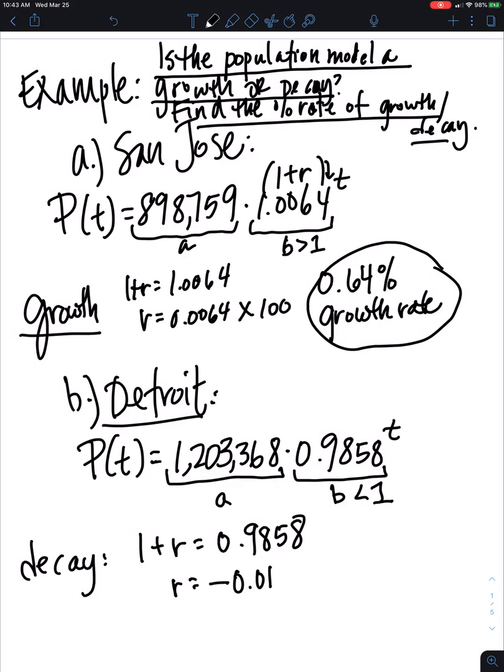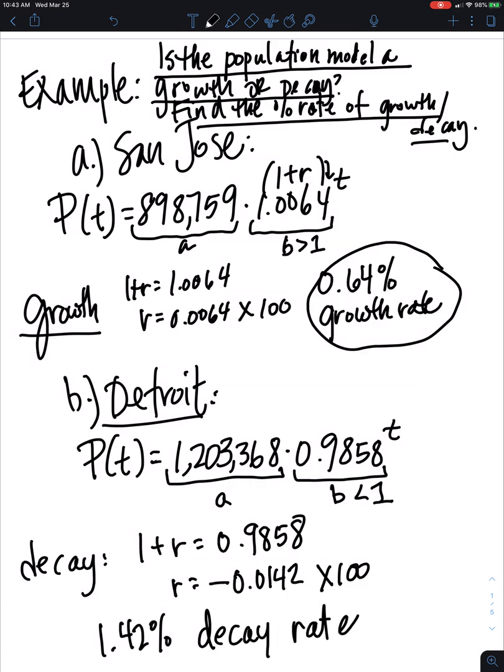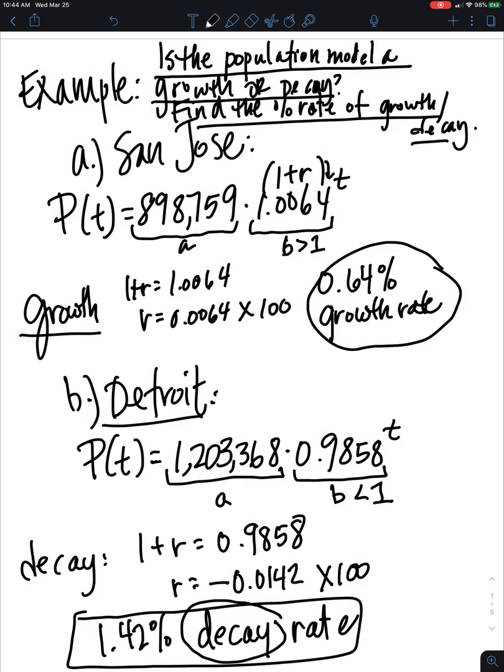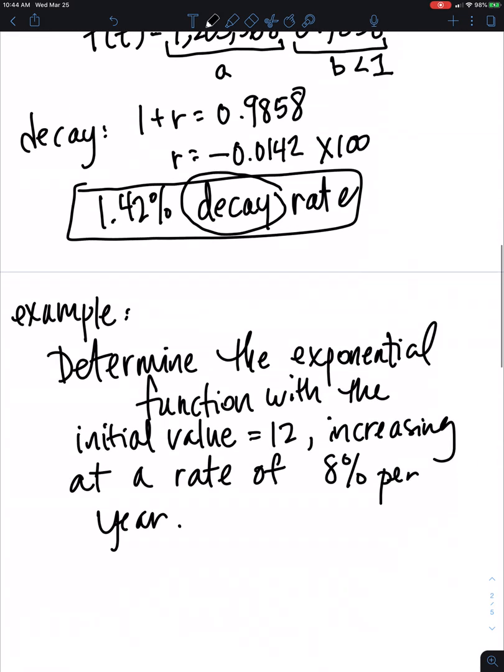Decay means you're going down, if you know anything about the definition of decay. So then we would multiply by 100, and so 1.42% decay rate. Notice we didn't write negative percent, because when you say the word decay, you already know that it's going down, not up. Growth would be going up, decay would be going down. So you would have a 1.42% decay rate. Okay. All right, next example.